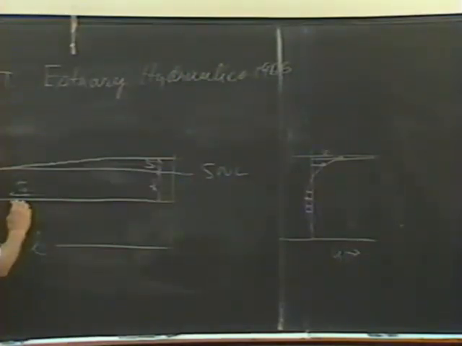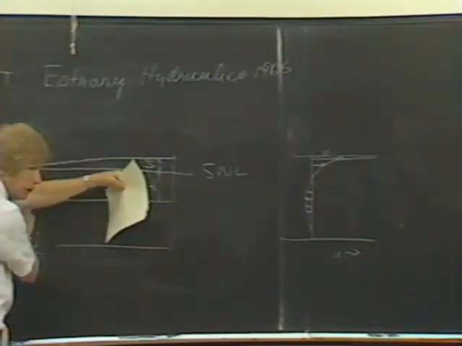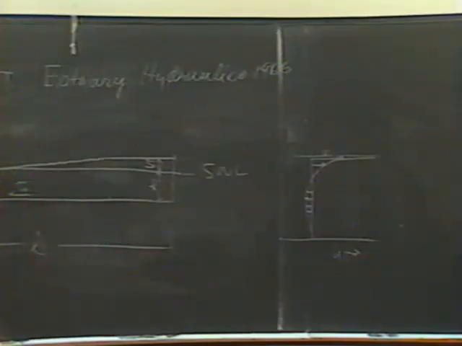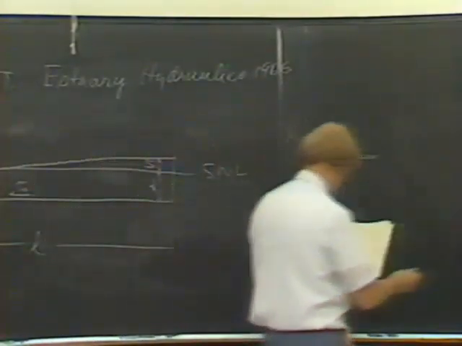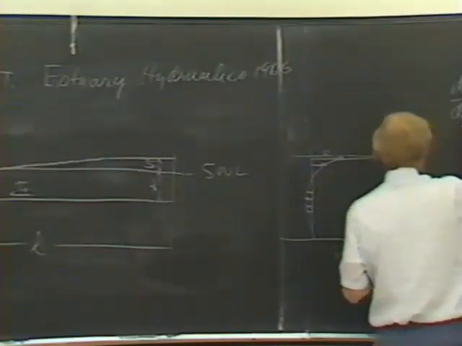We can describe this as dS/dx is equal to tau s plus tau 0, divided by rho g, times h plus s.